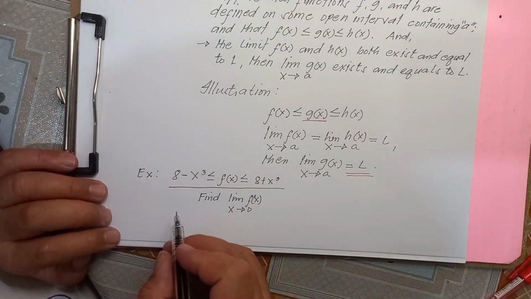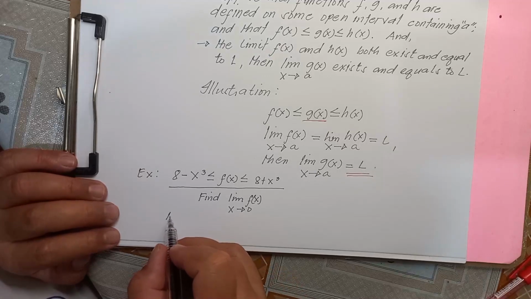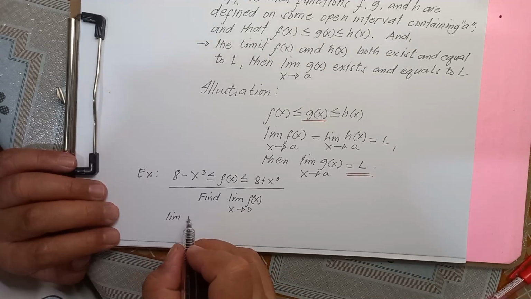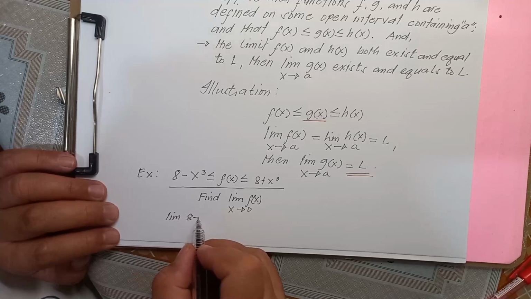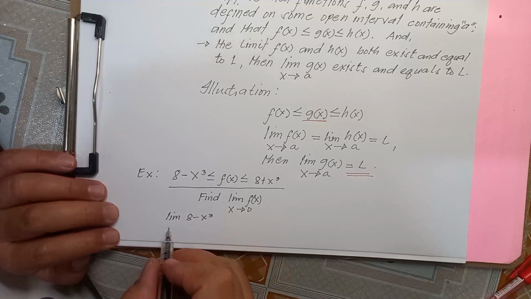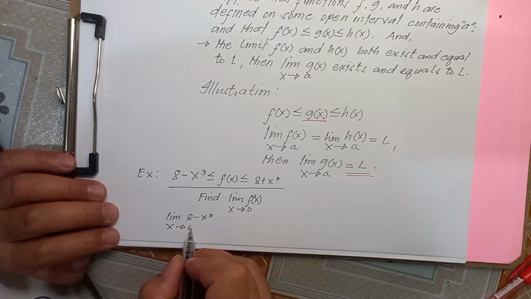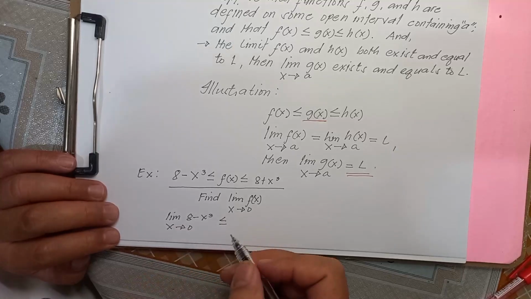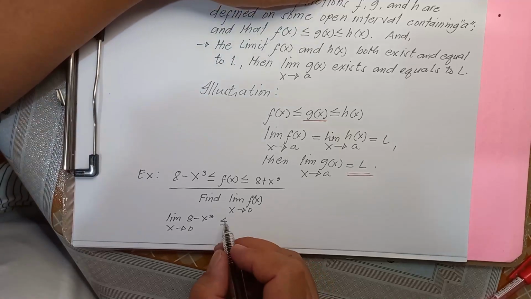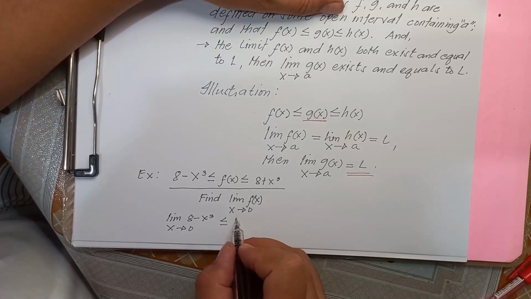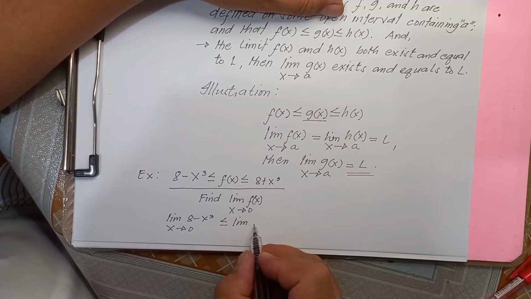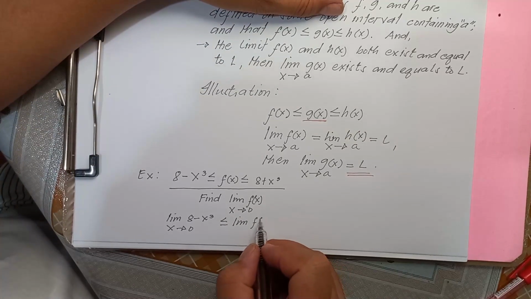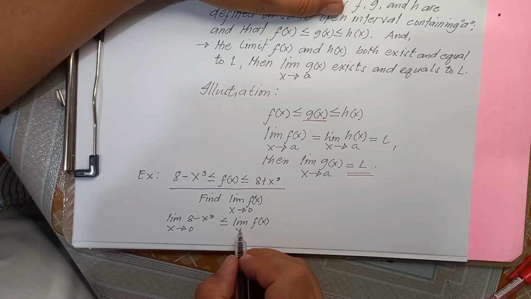So we say that the limit of 8 minus x raised to 3 as x is approaching 0 is less than or equal to the limit of f of x as x is approaching 0.